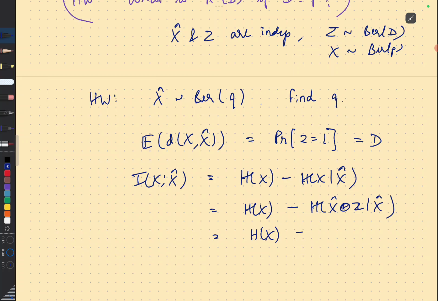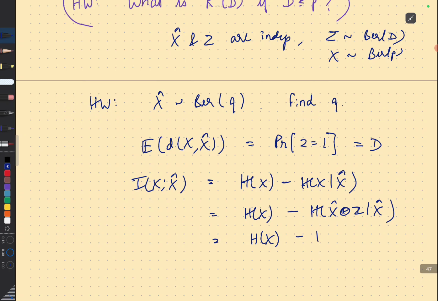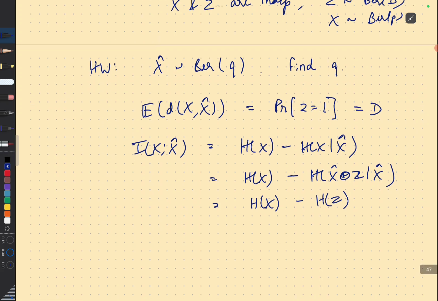What is the entropy of x hat XOR z given x hat? It's going to be equal to the entropy of z, right? I want you to prove it if you're not convinced. Try to expand because everything is binary. x hat and z are binary, and x hat and z are independent of each other. You can show that this is equal to the entropy of z.